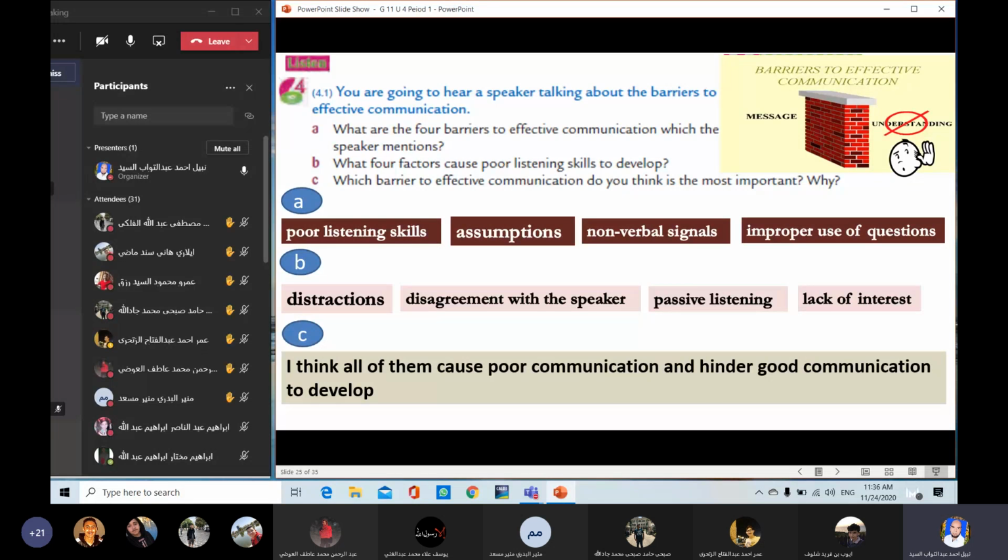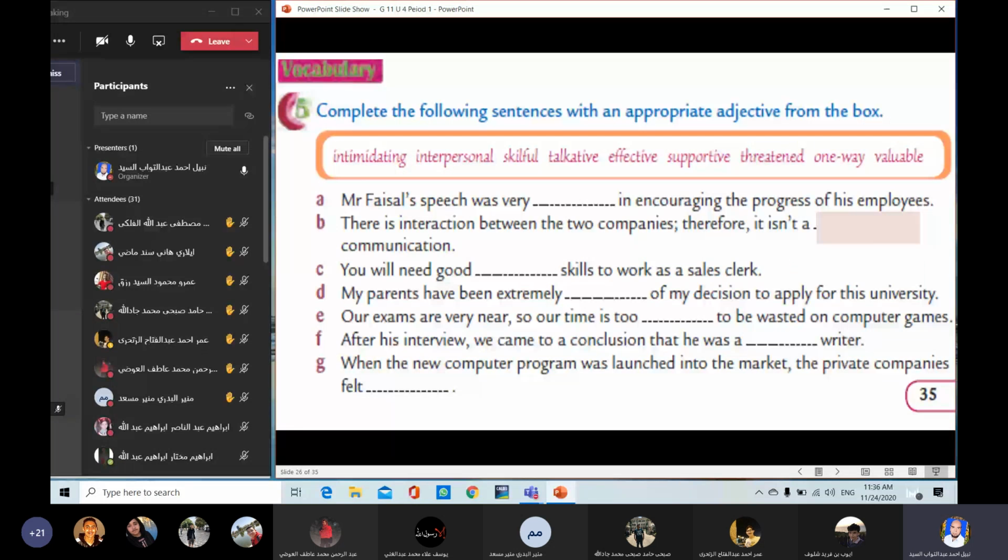Okay, now we've got some difficult words. Use these adjectives to complete the sentences. Intimidating. What does it mean, intimidating? It means frightening, terrifying. Interpersonal, between persons or people.